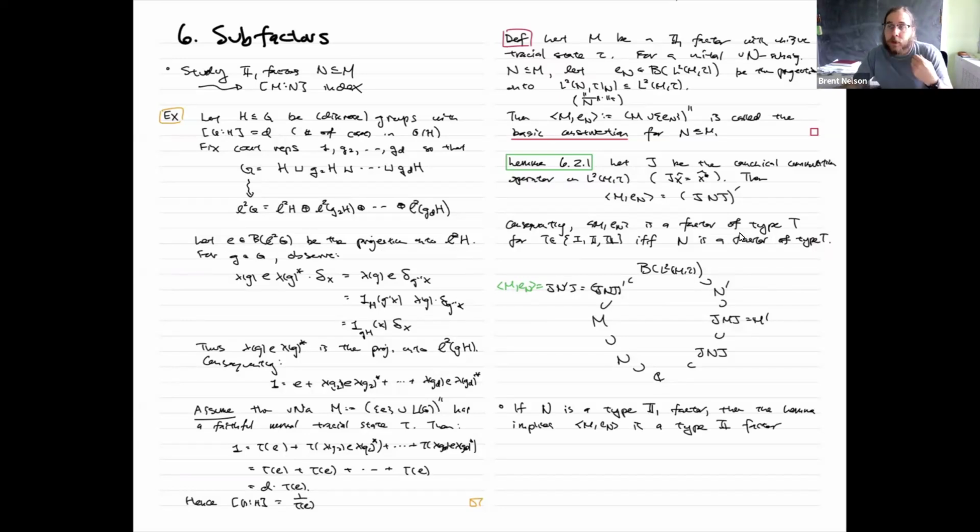Now, it's not true that the commutant of a II_1 factor will also be II_1. You only get this to hold on the level of these three main types. But we can at least assert that this thing is type II because this one is type II. And from our subtype decomposition, that means this type II factor is either type II_1 or type II infinity.